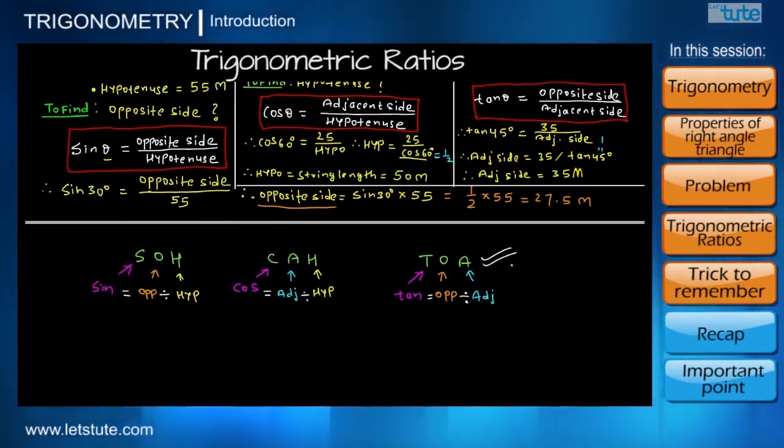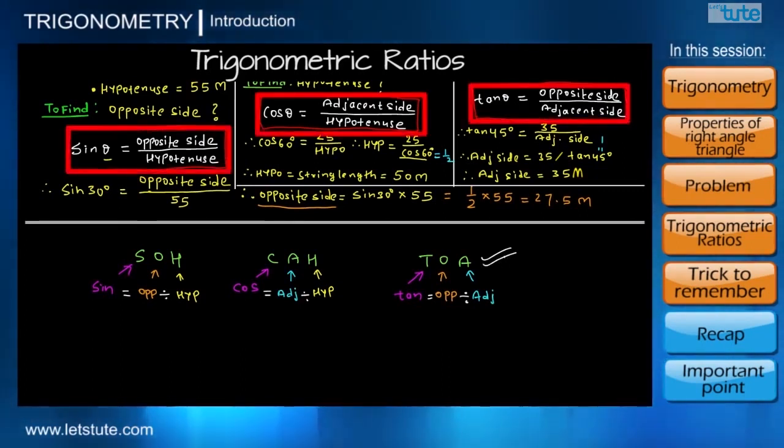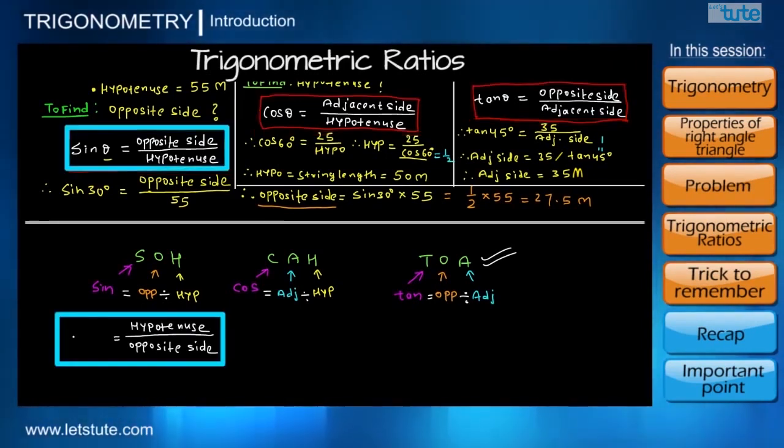One more thing, note that by just reversing these three ratios, we can get three more different ratios. That is, the reverse ratio of sine is defined as cosec theta, which is equal to hypotenuse upon the opposite side.